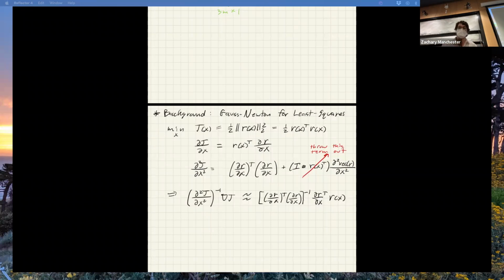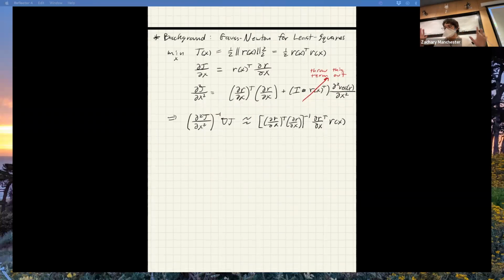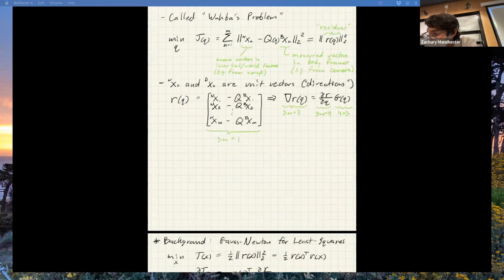Cool. Okay, so now that we know the standard Gauss-Newton thing, which is literally just doing linear least squares using a linearization, we're going to do it with the Quaternion. And I always forget how to spell this.